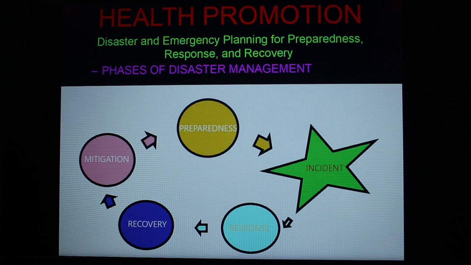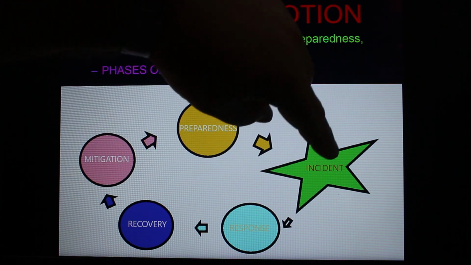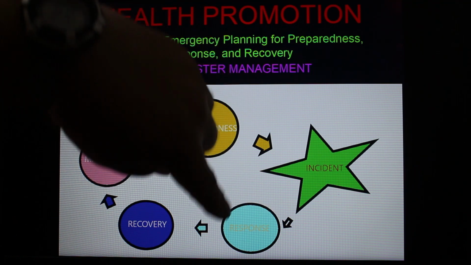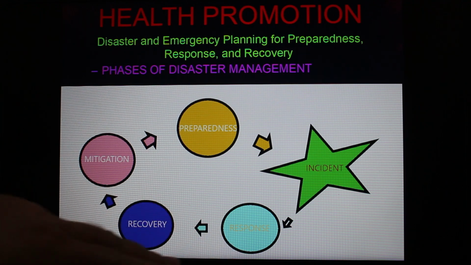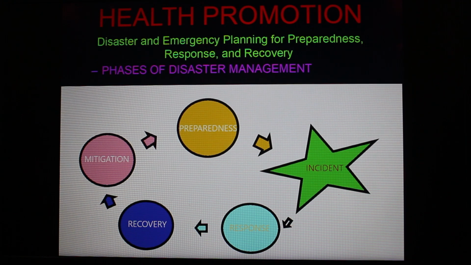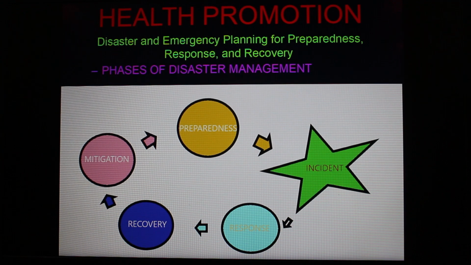Well, you can see here that as soon as an incident happens, the community will have a response to it. And with that response, we aim to recover from the adversities of the incident. And once recovery starts, we aim to mitigate the adversities that the incident has caused.